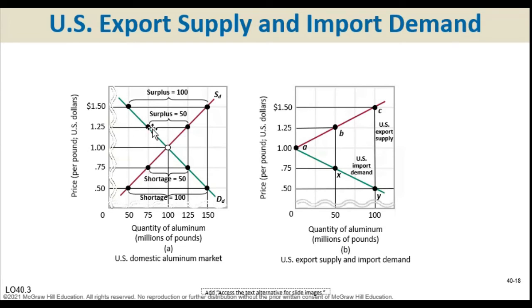They have a surplus of 50 million pounds of aluminum over the domestic demand. And this surplus will be exported and sold at a higher price, $1.25, which is above the domestic price of $1 in our case here.